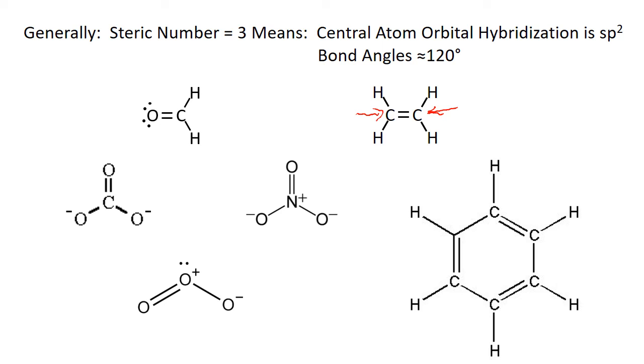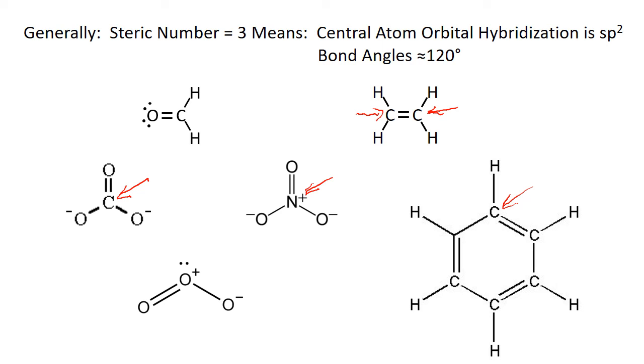So here's the carbonate ion, steric number 3. I have 3 bonded atoms coming from the carbon with no unshared pairs. Here is my nitrate ion. Now I have a nitrogen central atom with 3 bonded atoms, no unshared pairs on nitrogen. This one I have 6 carbon atoms. And notice they're all identical, meaning they're all sp2 hybridized. Each one of these carbons has 3 atoms bonded to it.